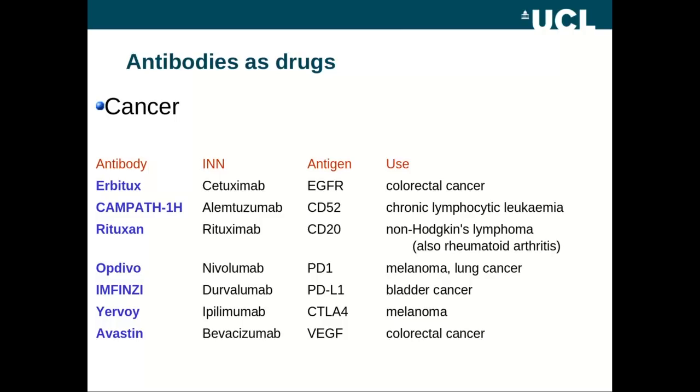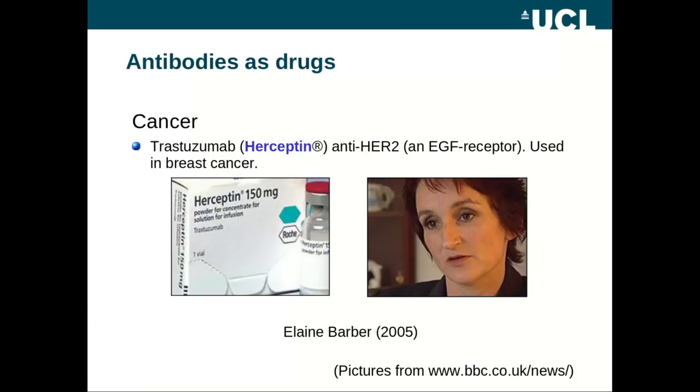This is probably the best known of the anti-cancer antibodies. Commercial name is Herceptin. The INN is trastuzumab. And this binds to HER2, which is a specific EGF receptor, which is overexpressed in certain breast cancers.